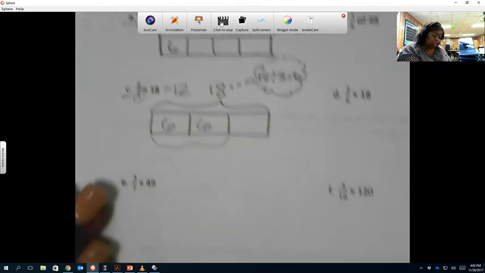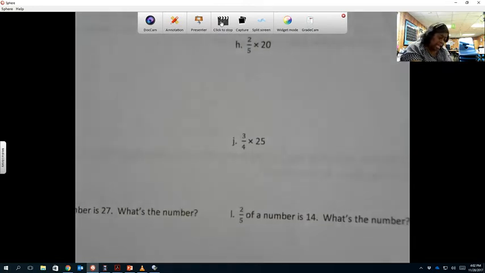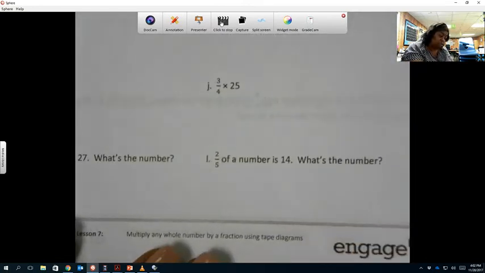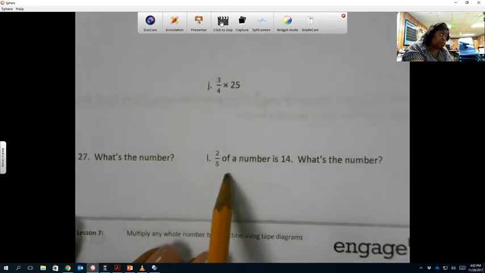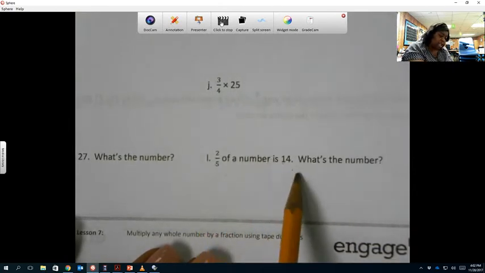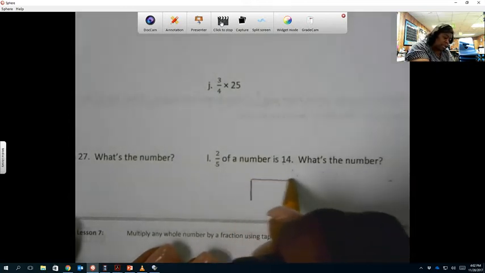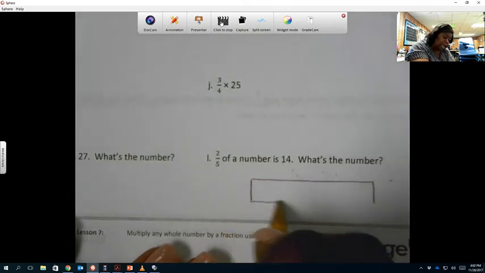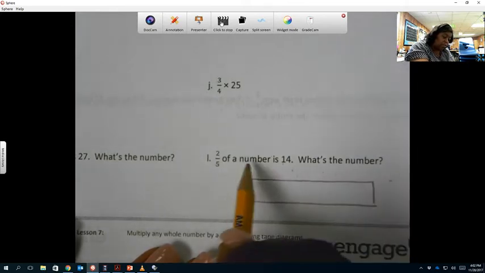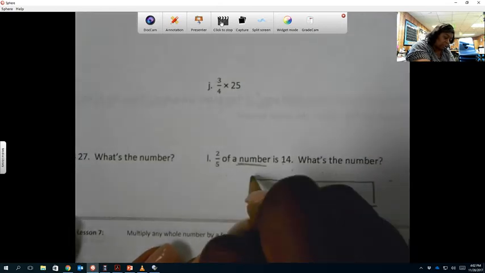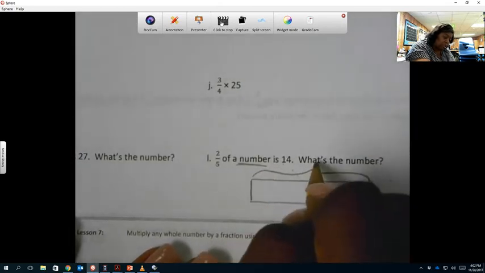I'm going to do letter L because you're supposed to do letter K. So let me demonstrate letter L. It says 2/5 of a number is 14. What's the number? Again, I'm going to start with my rectangle to start my tape diagram. I don't know what the whole is because it says a number, so I'm going to put a question mark there.